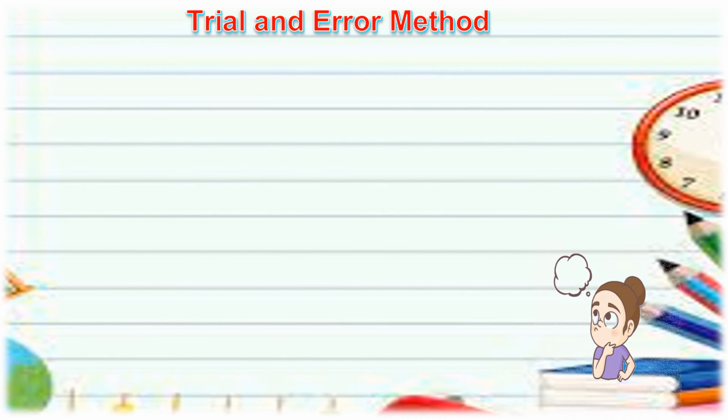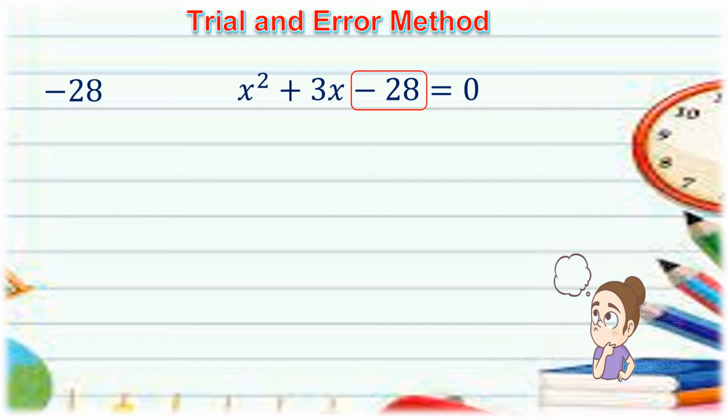So let us have another one under the trial and error method. So we have x squared plus 3x minus 28 is equal to 0. In here, we are going to try all the factors of negative 28 so that it will be equal to positive 3. So let us try 1 times negative 28. Is it equal to positive 3?